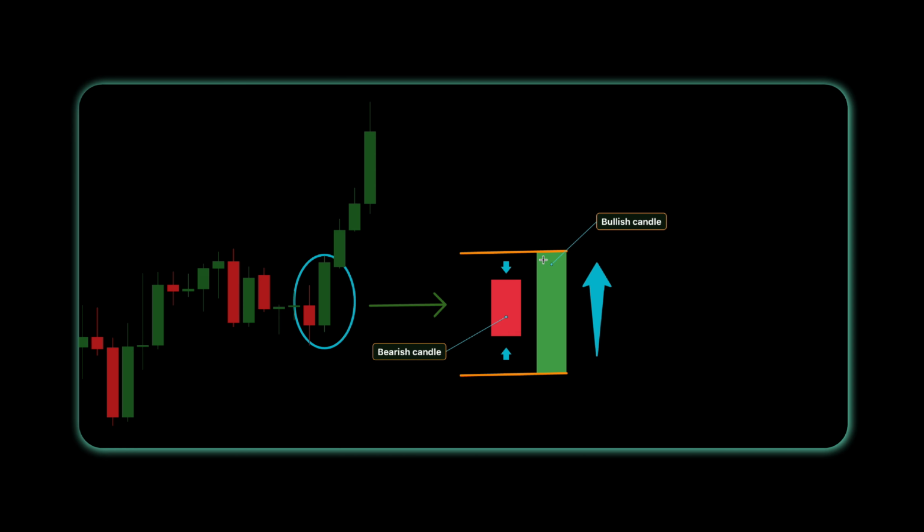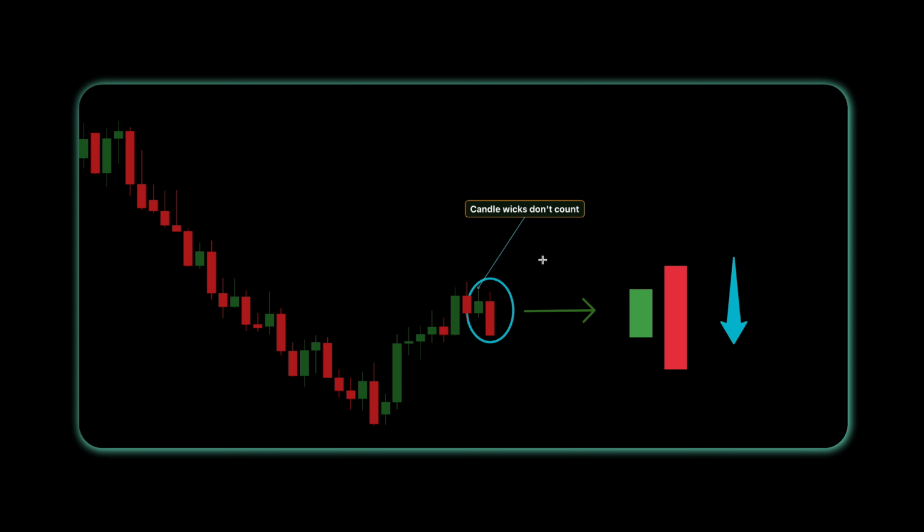Next, let's look into the bearish engulfing candle. The bearish engulfing candle follows similar characteristics to the bullish engulfing candle. As you can see here also, we don't count the wicks. We count the bodies of the candle. The bearish engulfing candle starts off with this smaller green candle, which is a bullish candle, followed by this big red engulfing candle that is going down.